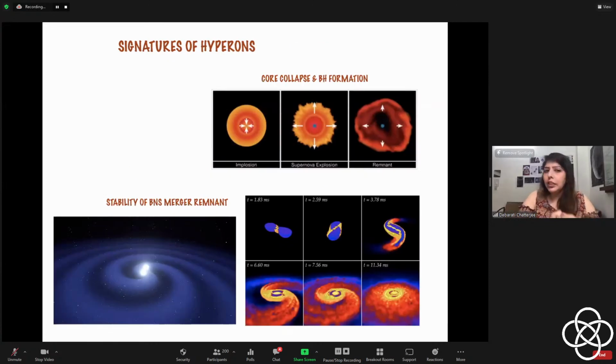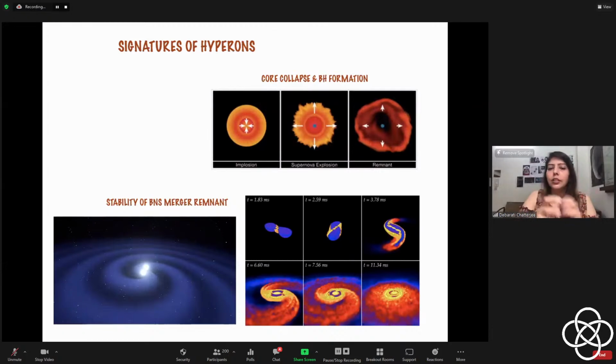There are also many other kinds of effects. So we talked about core collapse and black hole formation during the supernova. This can also be affected by hyperons, whether or not there are hyperons inside. The other thing is stability of the merger remnant. So in these mergers of neutron stars, I said that it produces a remnant before it goes into a black hole.